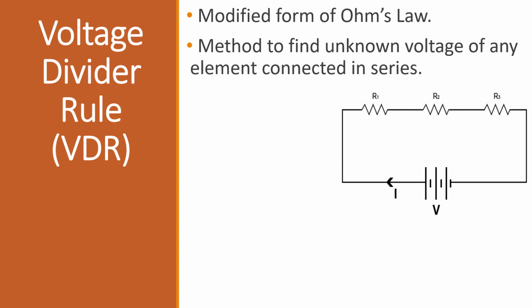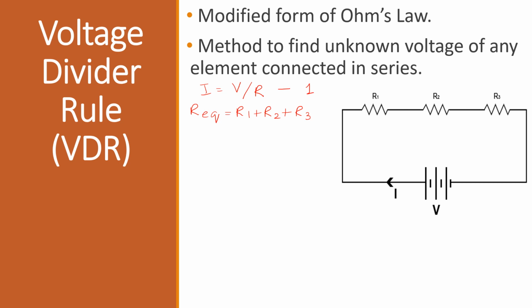We know that from Ohm's law, I equals V divided by R. This is your equation number 1. Since all these resistors are connected in series, therefore R equivalent will be R1 plus R2 plus R3.